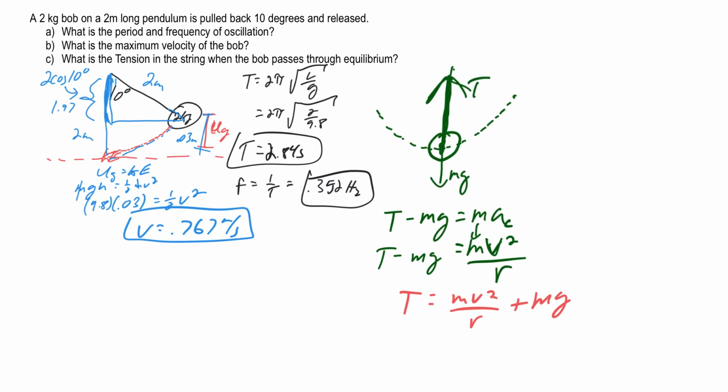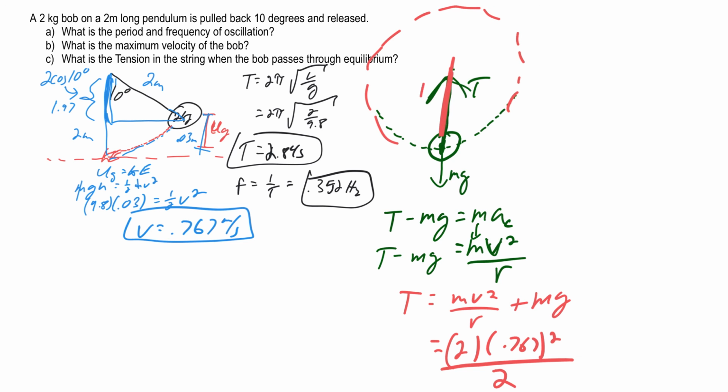All right, and then let's just sub in everything and find our tension. So we're going to go m is 2, the v we just found, 0.767. We'll square that. We'll divide by the radius. The radius is just the string length, okay? Imagine this was a circle. Then this length of string would be equal to the radius of that circle, plus m is 2, g is 9.8.